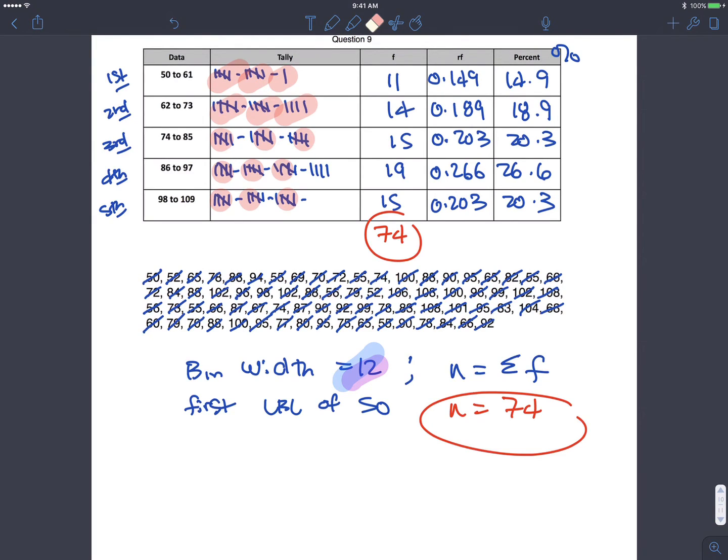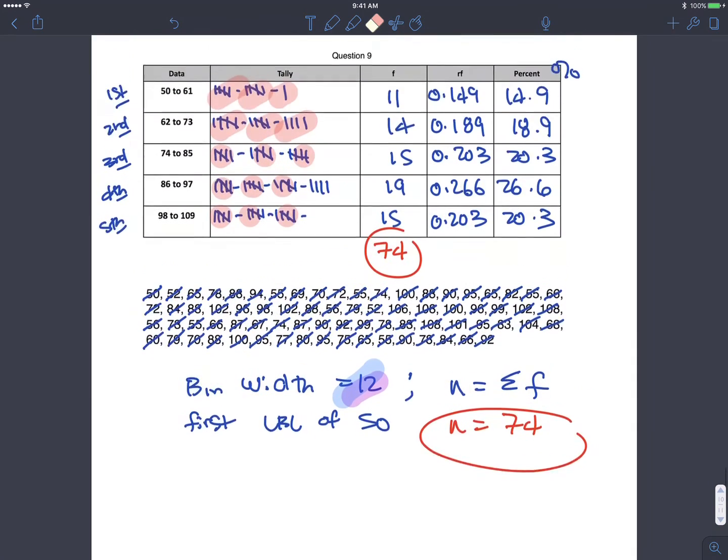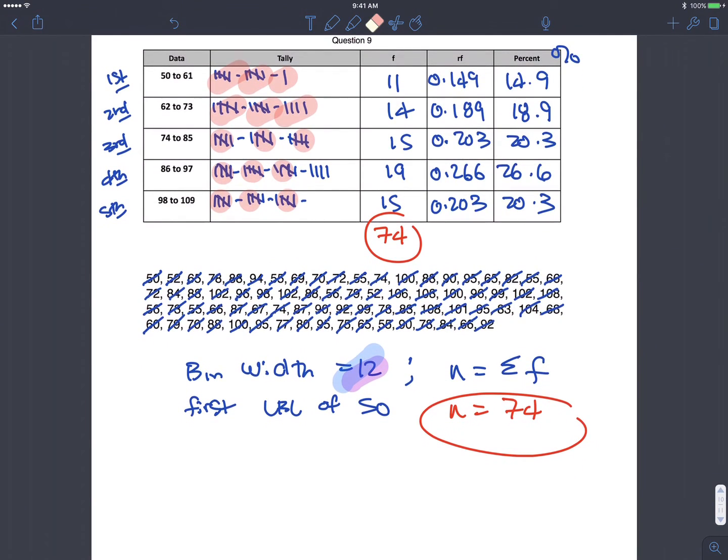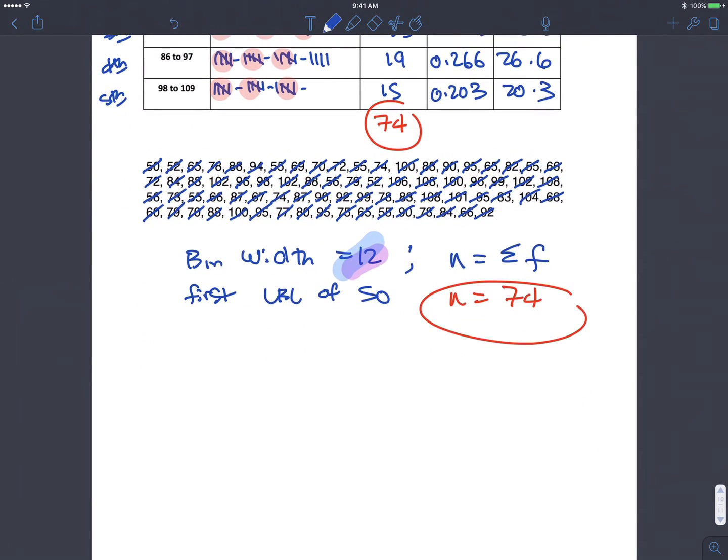What percent of the sample has at least 62 friends?